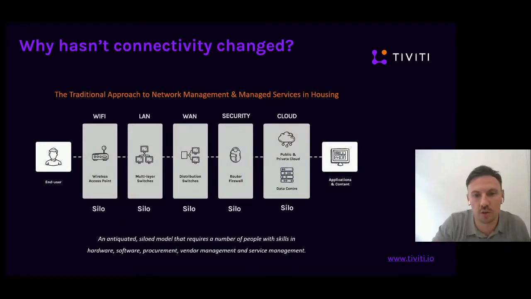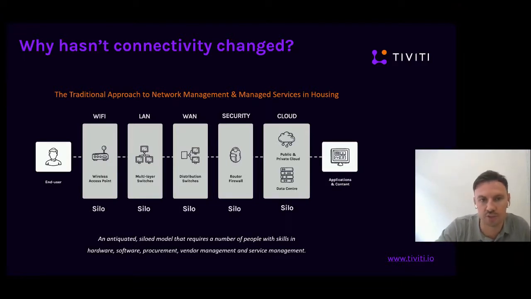Okay, so let's just look at how this currently works today. So if we were to look at your more traditional approach to network management and even managed services within housing, you can see here from end user, so corporate staff on site, all the way through to internet application.